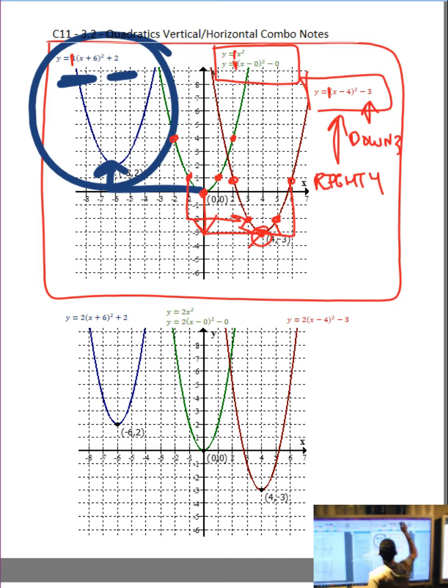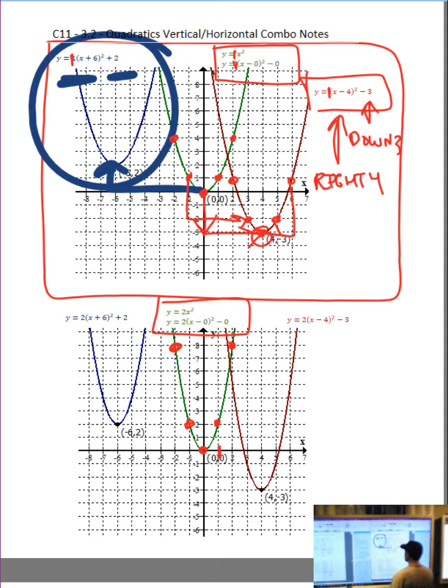Okay, so down below, we just finished talking about 2x squared, which is a table of values in our heads. 0 squared is 0 times 2 is 0. 1 squared is 1 times 2 is 2, up 2, symmetrical point. 2 squared is 4 times 2 is 8, symmetrical point, and we get our green parabola.